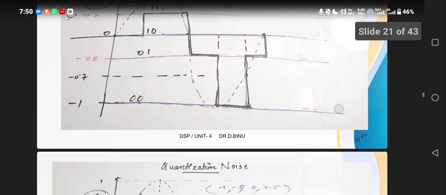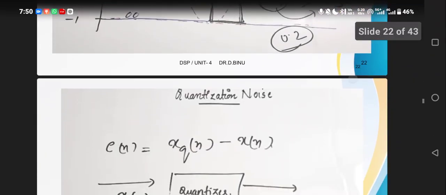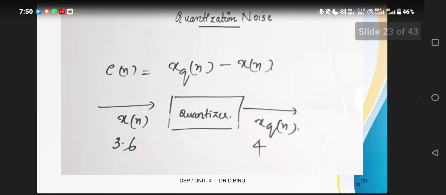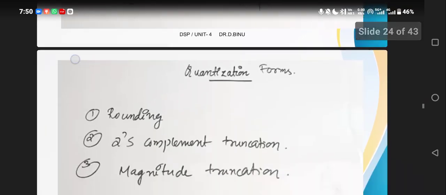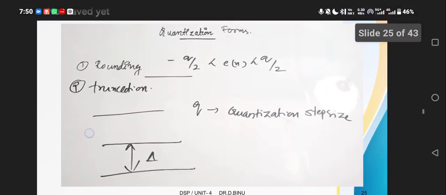Quantization noise can be calculated using various steps. The quantization error can be represented in equation format as e of n is equal to xq of n minus x of n. Quantization forms can be represented by rounding, 2's complement truncation, and magnitude truncation.